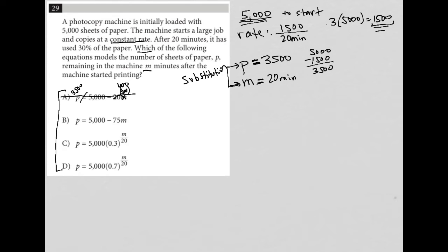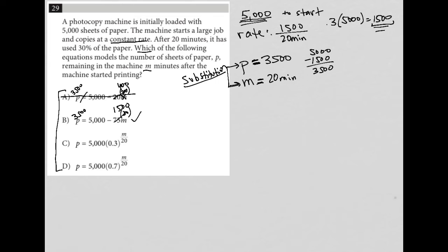For choice B, if I replace M with 20, 75 times 20 is 1,500. 5,000 minus 1,500 does, in fact, equal 3,500. So B is a good answer. Now, I've learned to not stop there, because especially when you're using substitution or plug-in, you may get two possible correct answers.